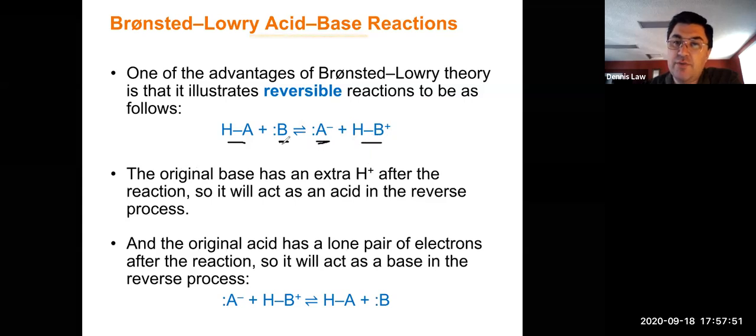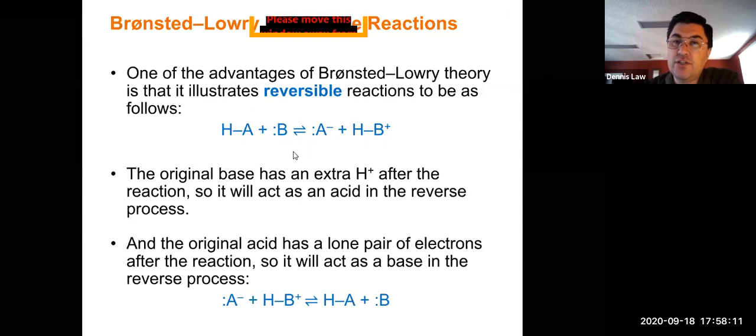In terms of the reverse reaction, you're going to have to look at which one's accepting the proton, it's going to be this one, and which one's donating, it's that one. So it's going to be the reverse. And so we can write reversible reactions using the Bronsted-Lowry definition.